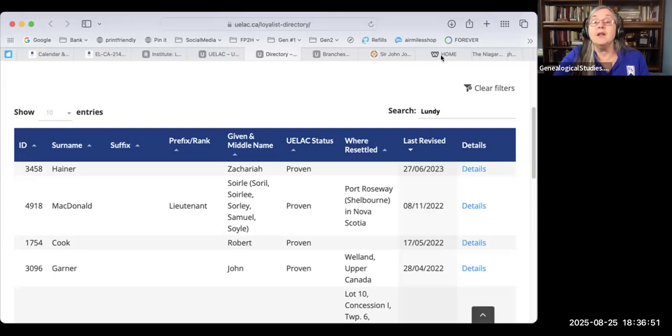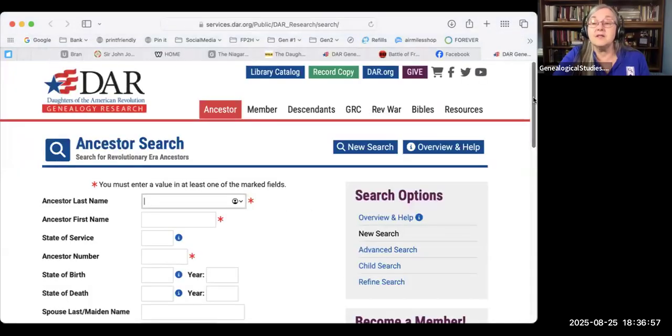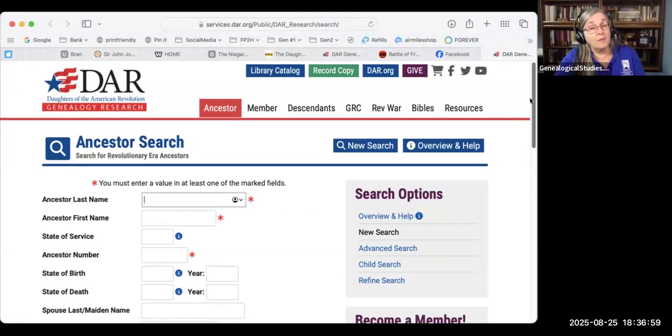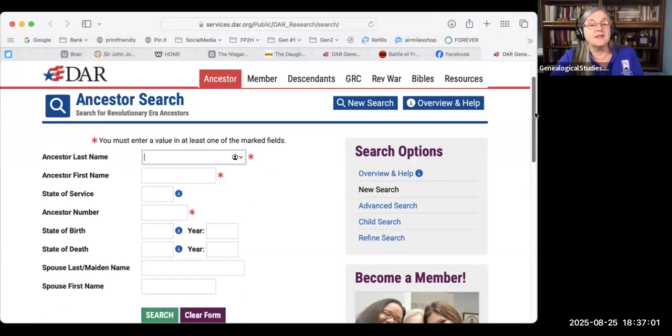Another one that I like to look at is this one. And this is the DAR, which is for the Patriots. But sometimes you might find them in here. I was surprised to find my loyalist in the Patriots, and it's because he had shown up for a militia.